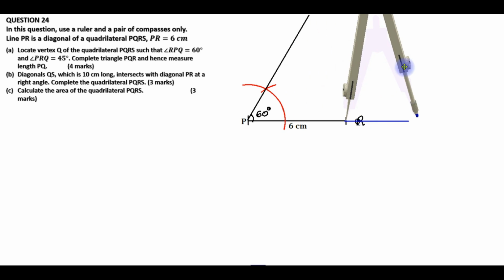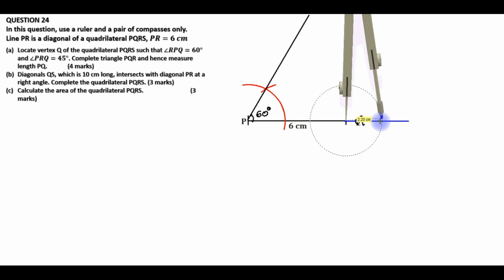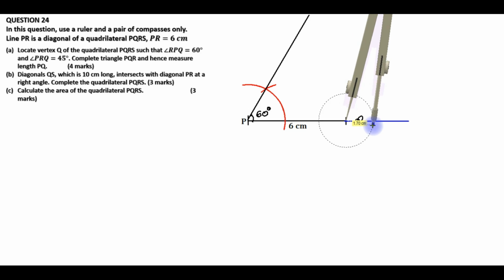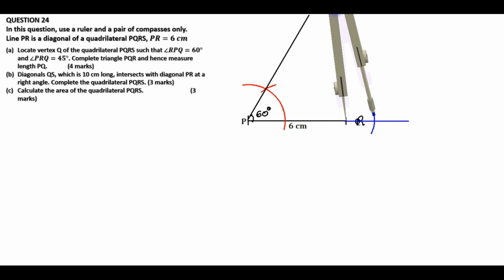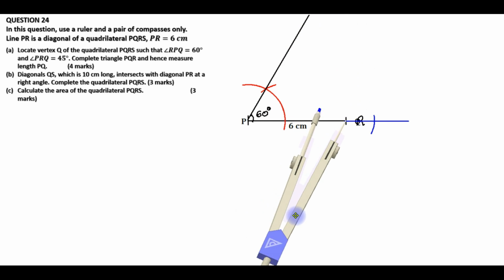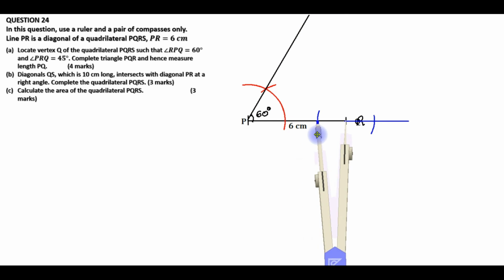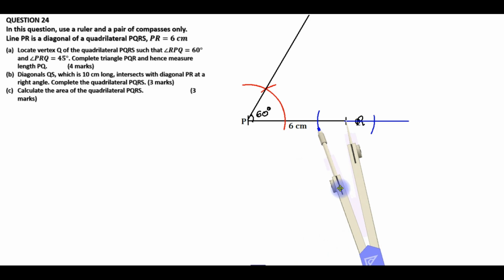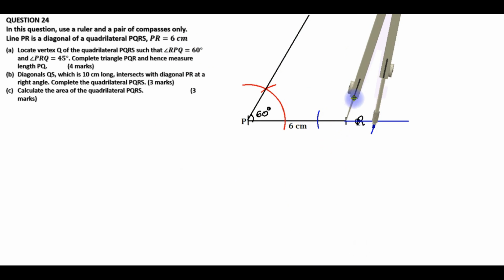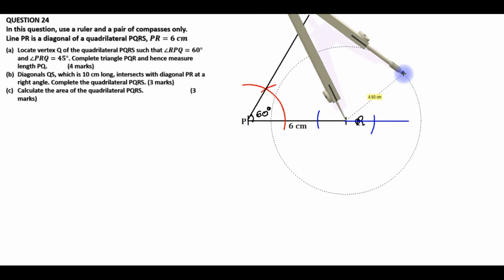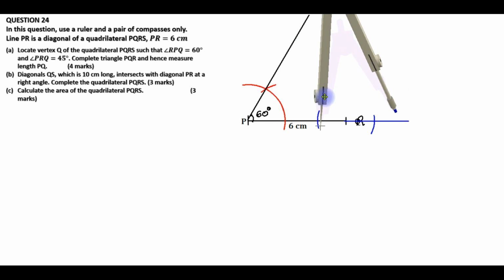So for me to construct an angle of 90 degrees, I am required to make an arc this side, and also on the other side I put an arc. Then from there, now I'll use the pointer at this point.